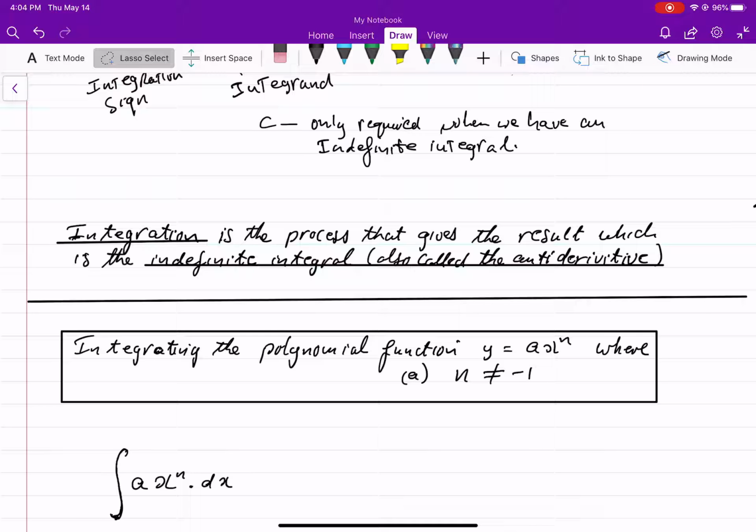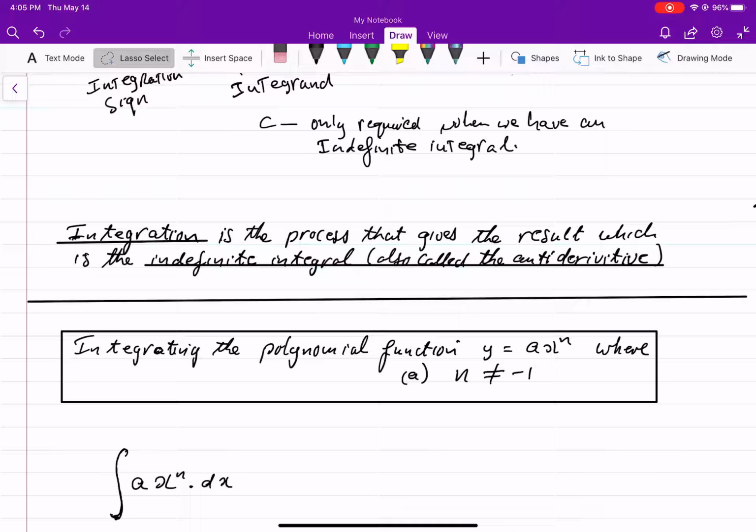Even in between there, we looked at more complex functions that require the use of chain rule and product rule and quotient rule and whatever else. You remember all that stuff, right? In the same vein, the process or rules that are required for us to integrate a function will be determined by what type of function we have. And again, we're going to start with the most basic of functions, which is the polynomial function.